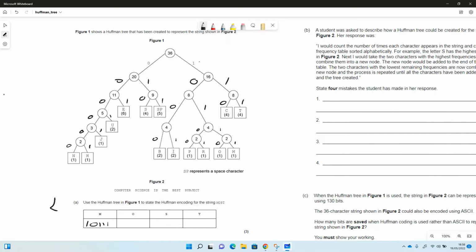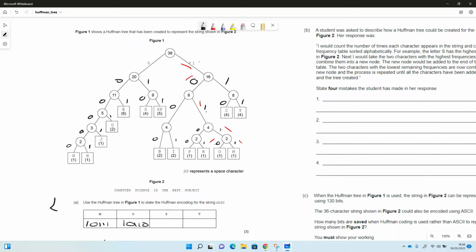I'll just double check we wrote that down correctly. 1, 0, 1, 1, 1 for M. And then O is next door, so it's 1, 0, 1, 1, 0. So we just went down here 1, 0, 1, 1, 1, and 1, 0 in that case.